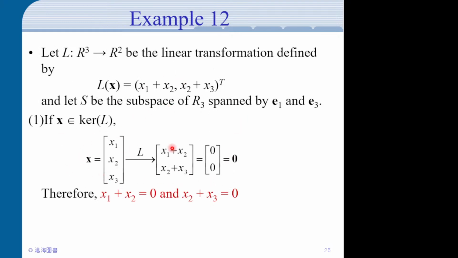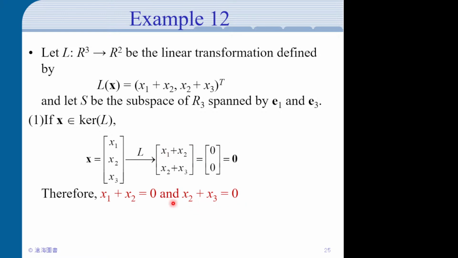So the kernel is whatever maps to 0. So this (x1, x2, x3) maps to (x1 plus x2, x2 plus x3), and we want it to be 0. Then we can solve for the possible x1, x2, x3. The equations are x1 plus x2 equals 0, and x2 plus x3 equals 0.